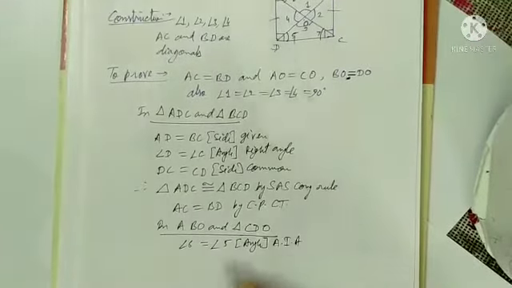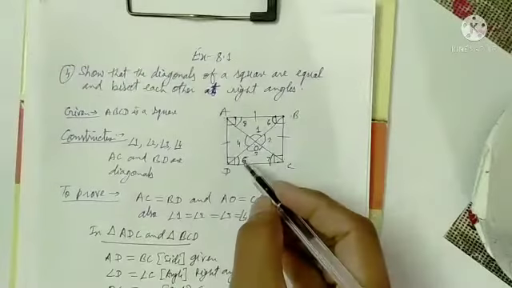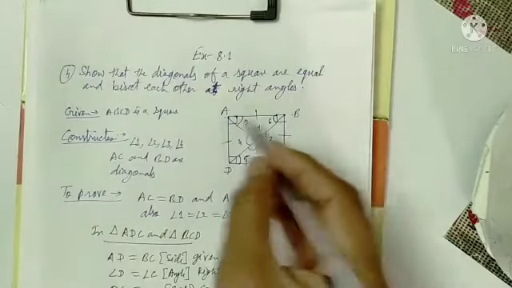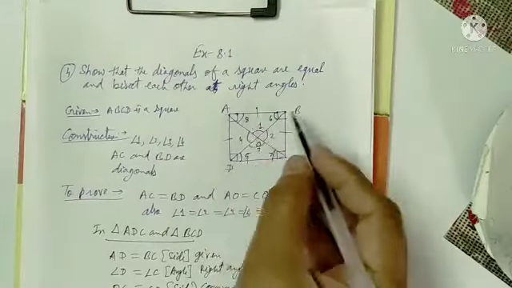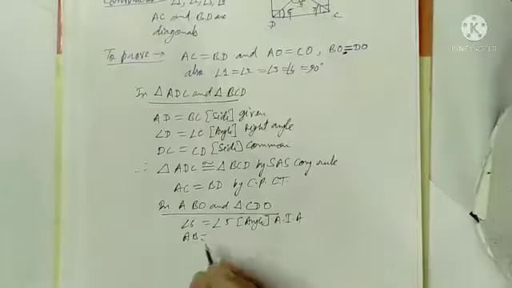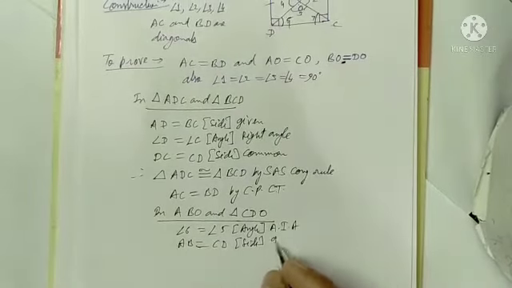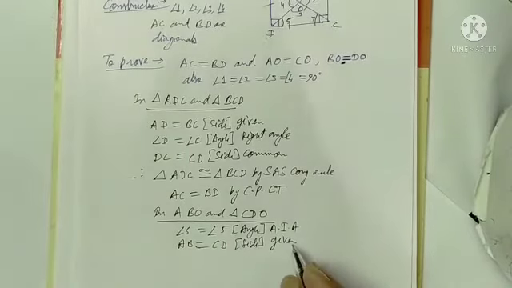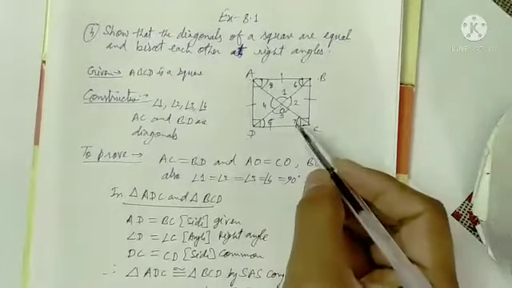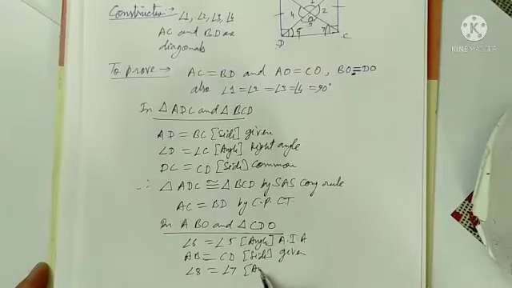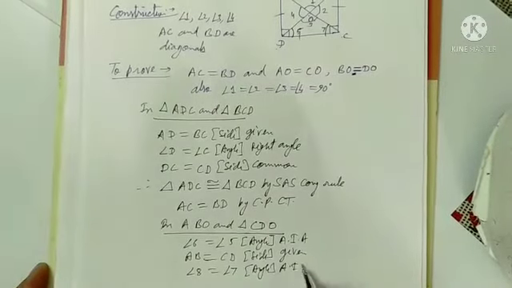What is the reason? Alternate interior angles. Angle 5 is equal to angle 6, alternate interior angles, because the square is a parallelogram. And similarly, AB is equal to CD. That is a side, and the reason is given: all sides of the square are equal. Then angle 8 is equal to angle 7, alternate interior angles.